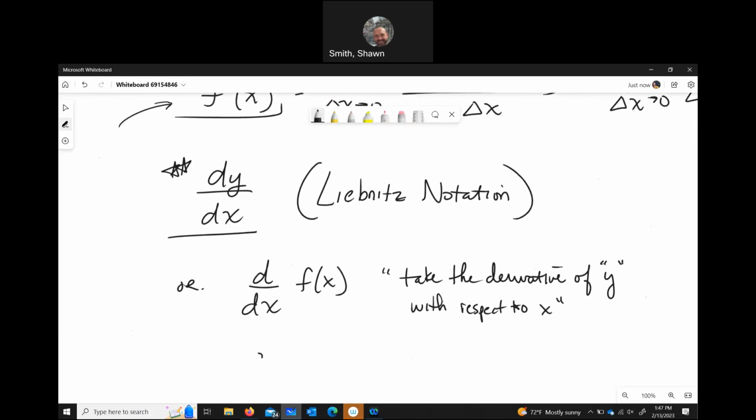You could see it this way, df over dx. Whatever the variable is in the bottom, that is your independent variable. So just always say, I'm taking a derivative of this expression. My variable is in this expression.